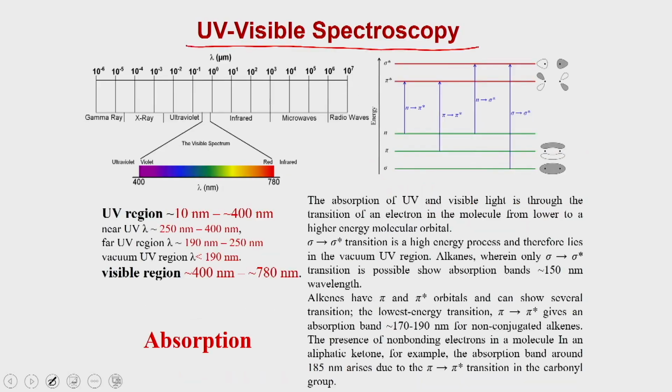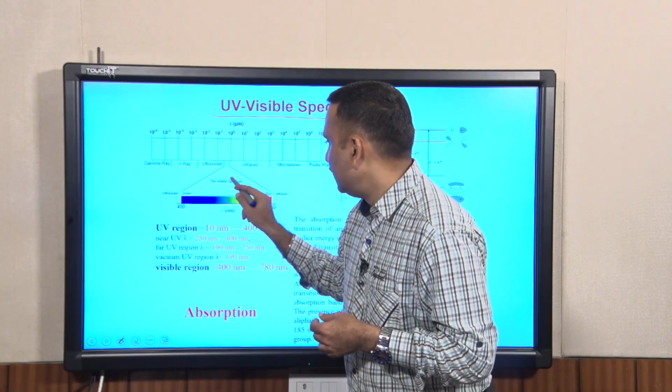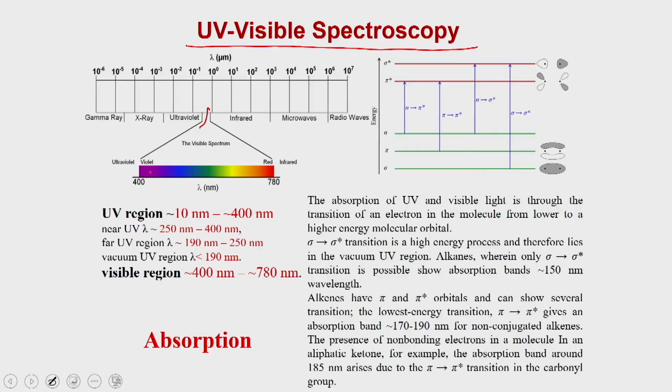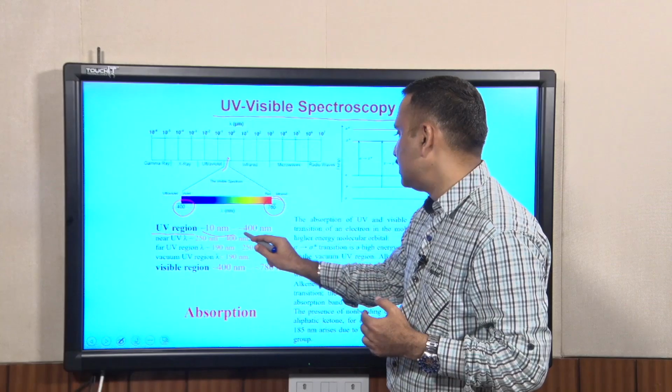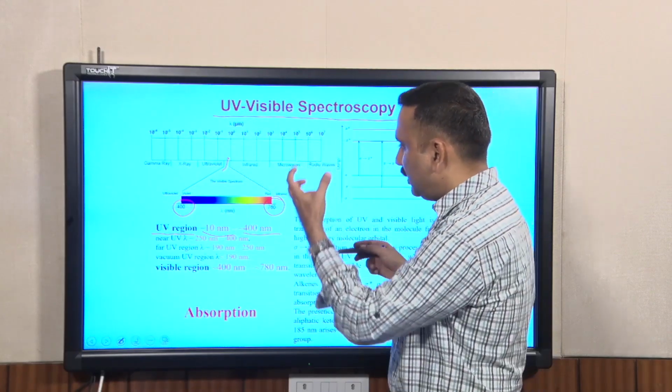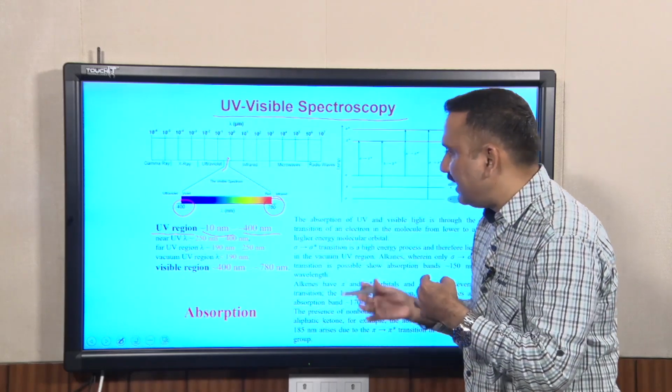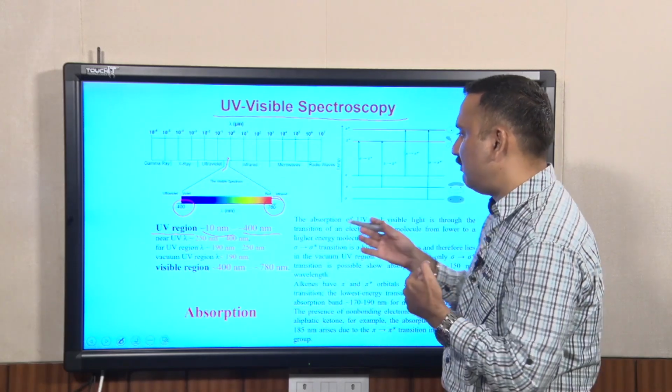So, we first start with UV visible spectroscopy. It has a visible range which starts from 400 to 780 nanometers, and before the visible range you have the UV range, which starts from 10 nanometers to 400 nanometers. This UV range is further divided into three components.